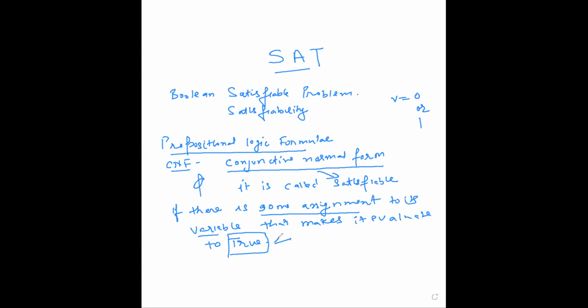So now what is important is for us to understand what we actually mean by a conjunctive normal form. What is CNF? CNF basically consists of two things: the literals and the operators.